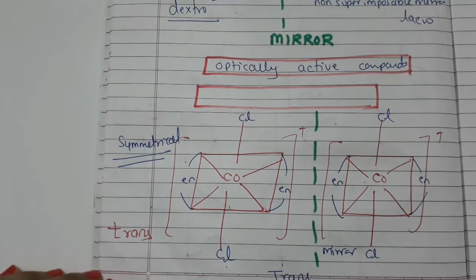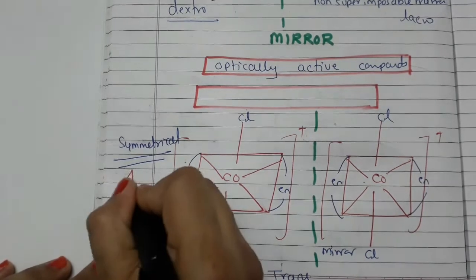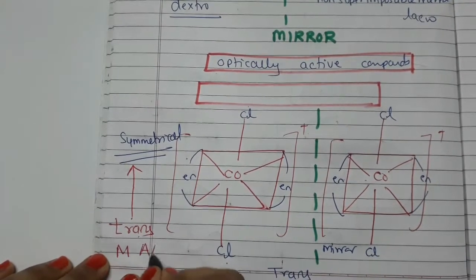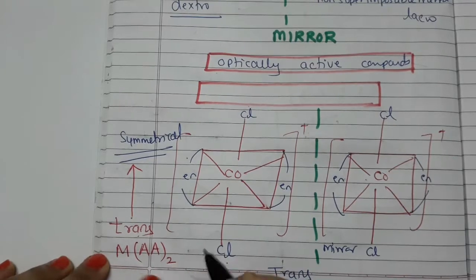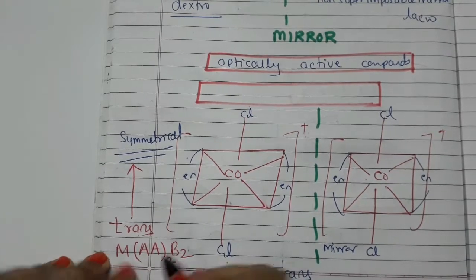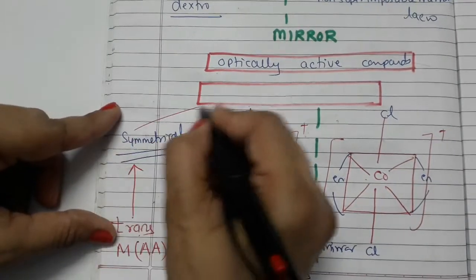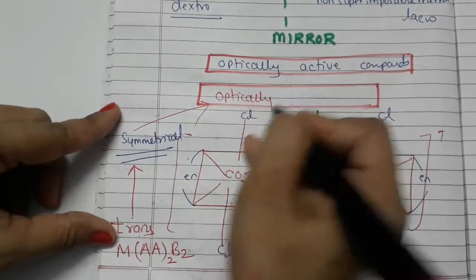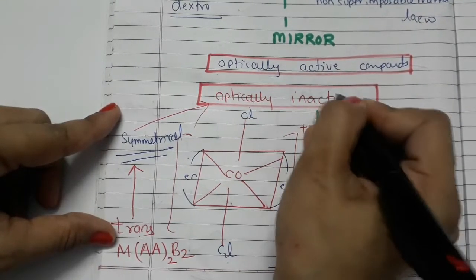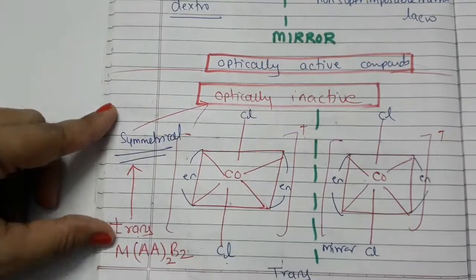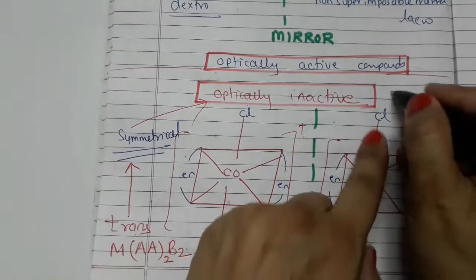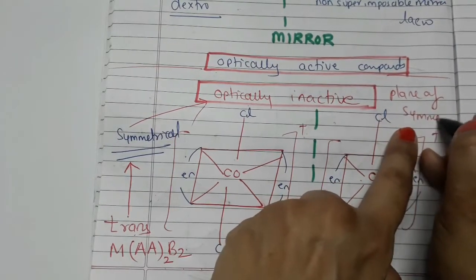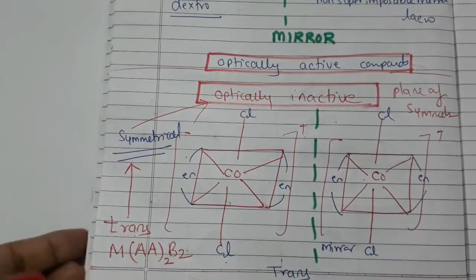So do remember this: the trans version of AA2B2 is symmetrical, and hence, students, it is optically inactive, because there is a plane of symmetry in the molecule.